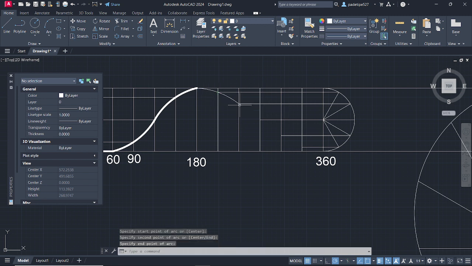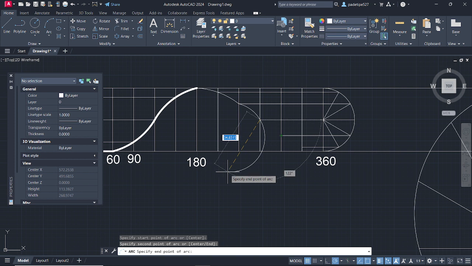2, 3, arc again. 1, 2, 3. Where is it going? Okay.